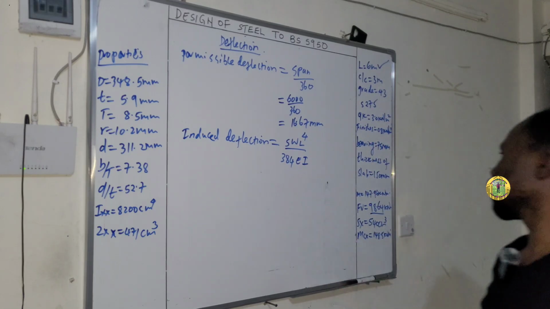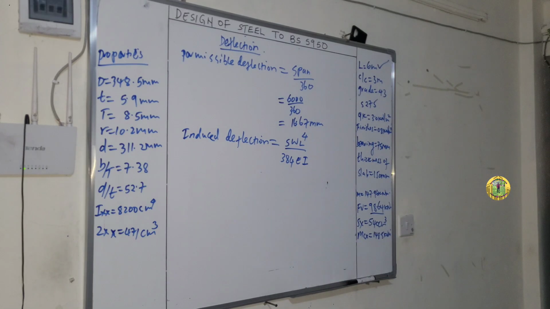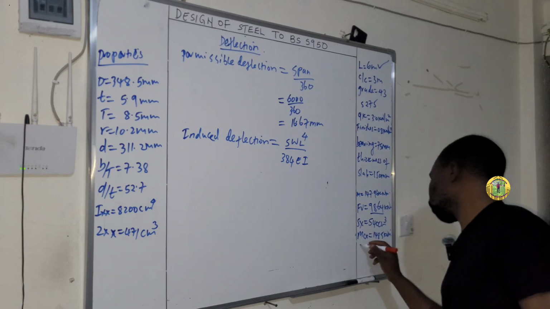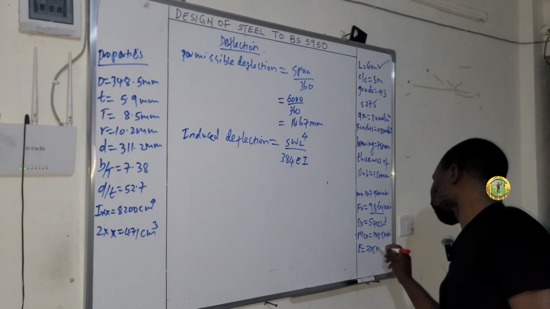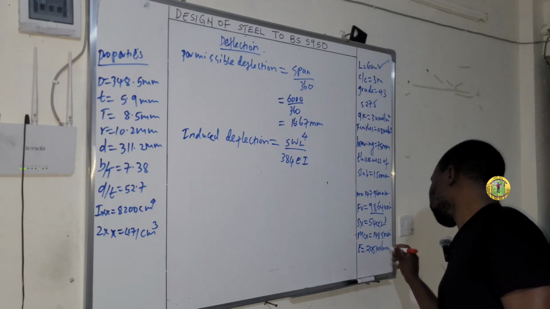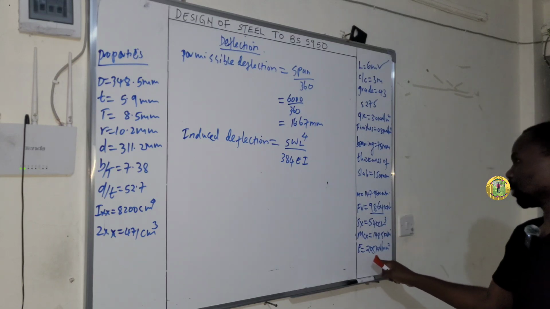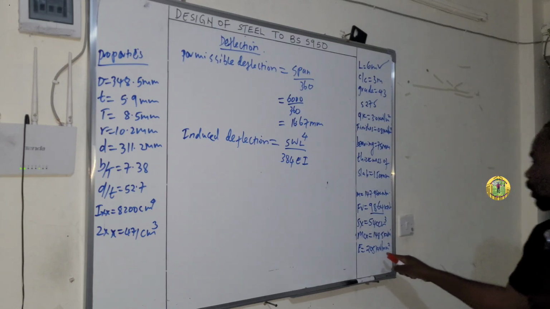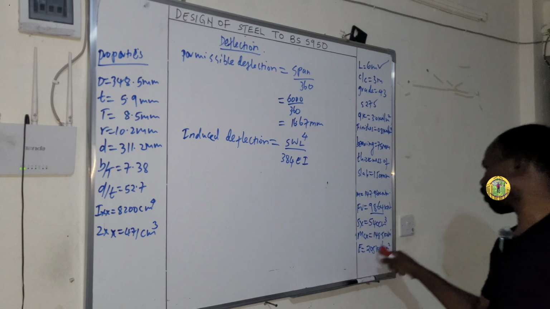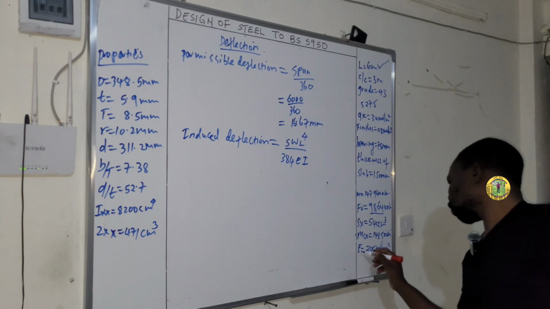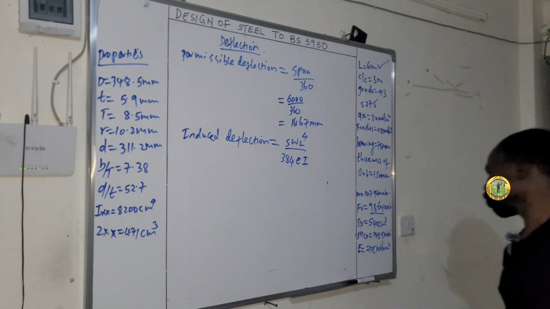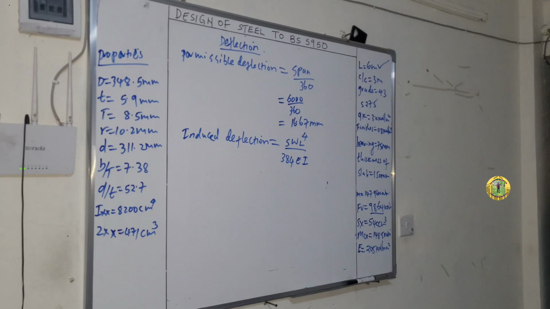So we said that E is the Young's modulus of elasticity, and for steel is always equal to 205 kilonewton per millimeter square. Always remember this. You may not be given it in your exam. It is something that should be on your fingertips.